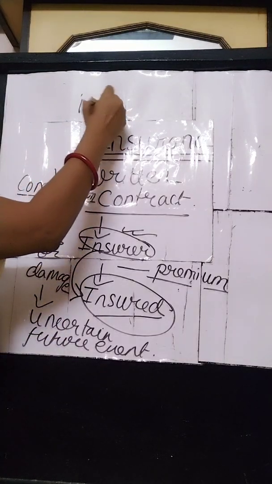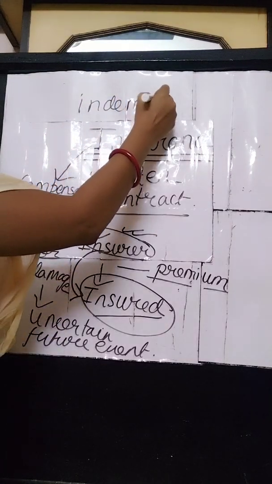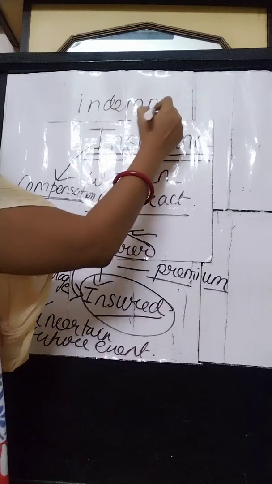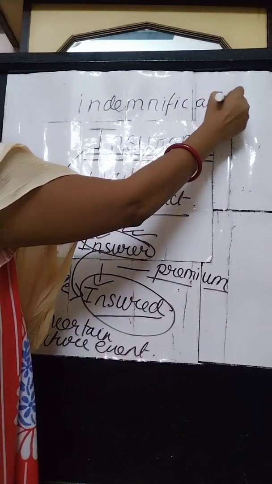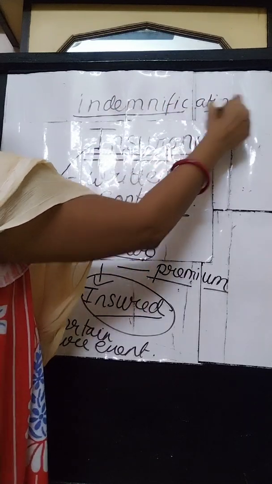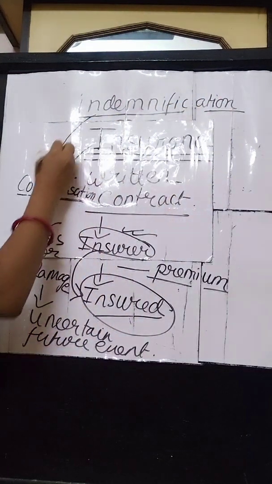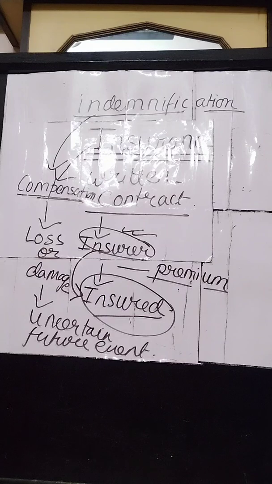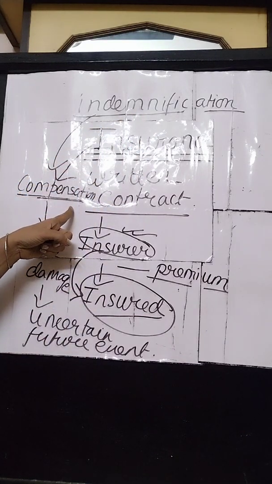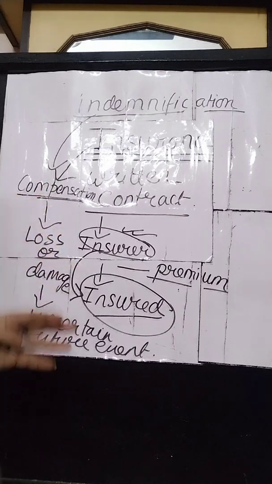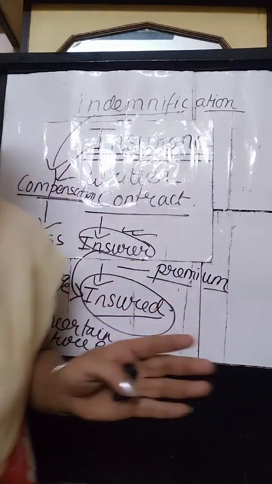What is the meaning of this indemnification? Today you get to learn a new term called indemnification. Though it is a new term, it is nothing but another name for compensation. Indemnification means compensation of loss, compensation for any kind of loss suffered.